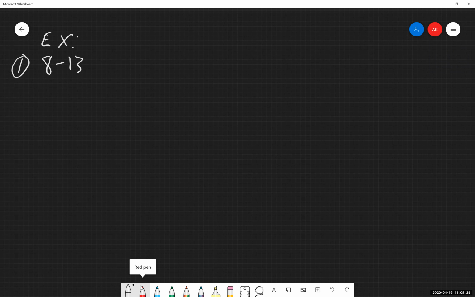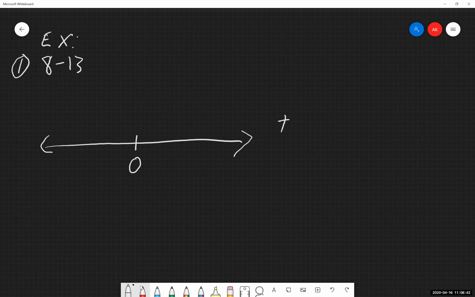So again, creating a number line. Always start with the number line itself. We have the ends showing up, define where 0 is, define which direction is positive, define which direction is negative, and then we're going to write this out and scale it accordingly.